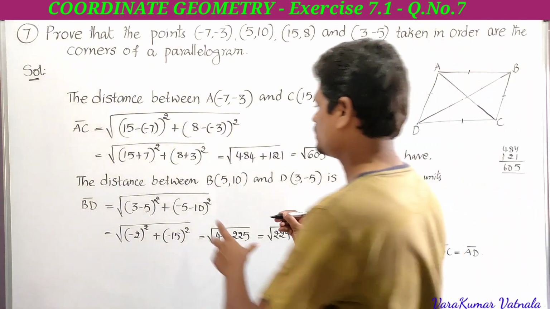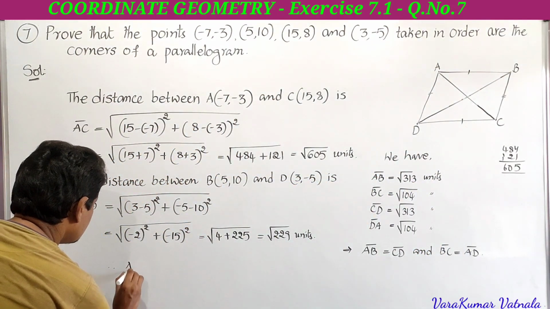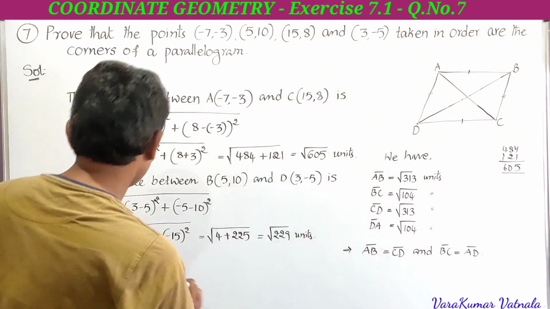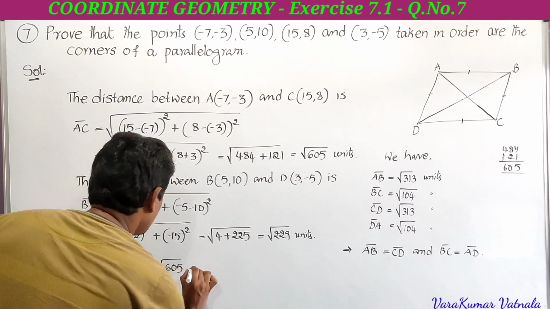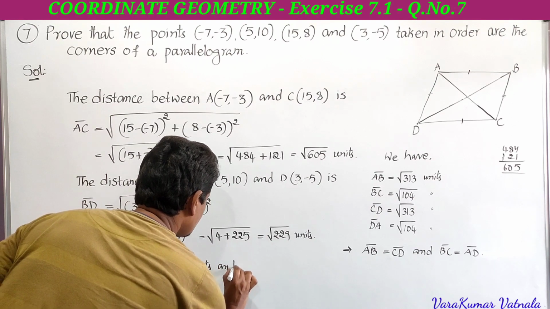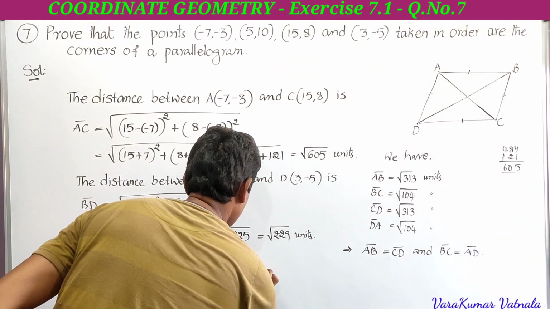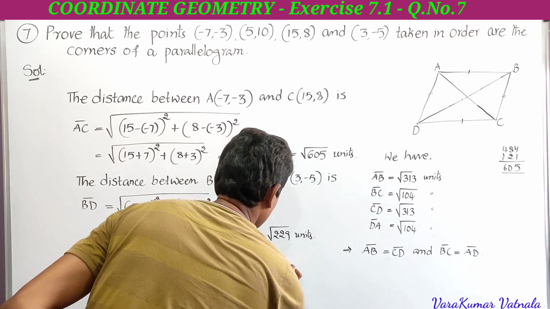The length of the first diagonal AC is equal to square root of 605 units and the length of the second diagonal BD is equal to square root of 229 units.